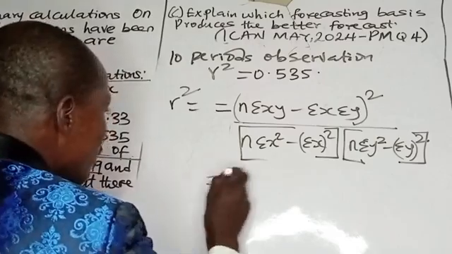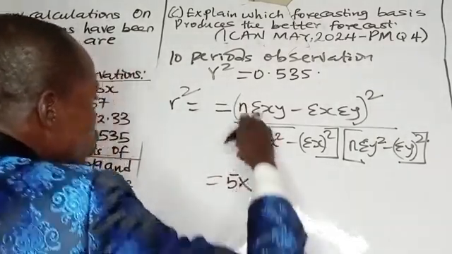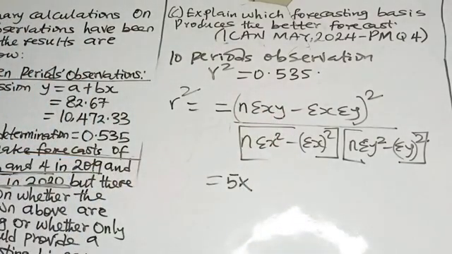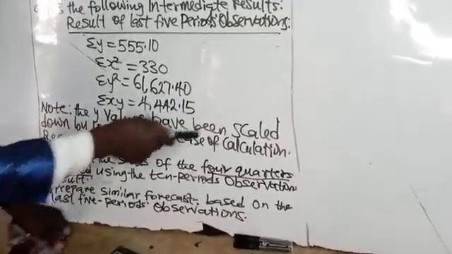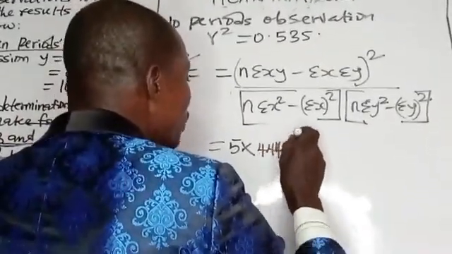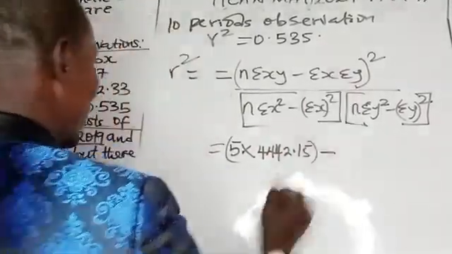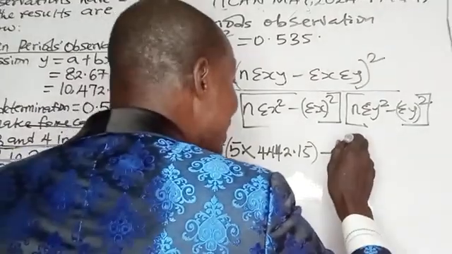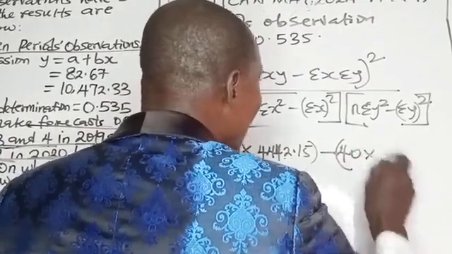So n, for 5 periods of observation, is 5. 5 times summation xy. Summation xy is given to be 4,442.15, minus summation x, which was calculated from our earlier solution, we got 40, times summation y.